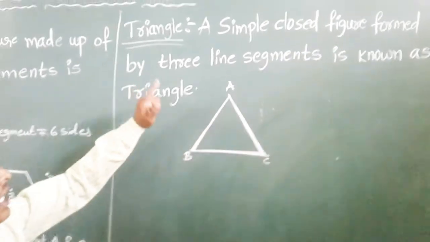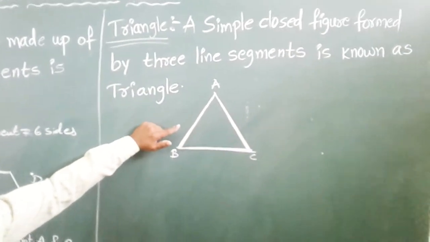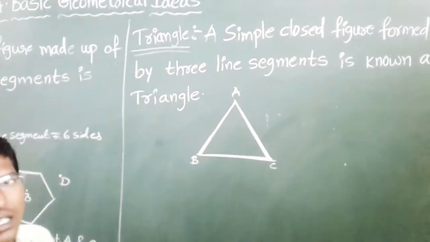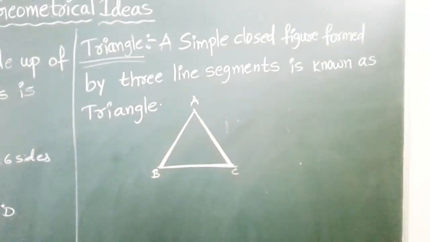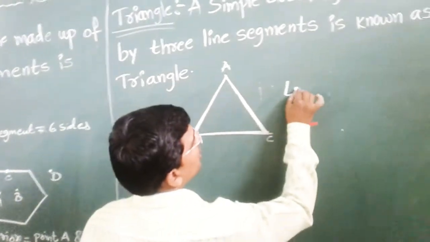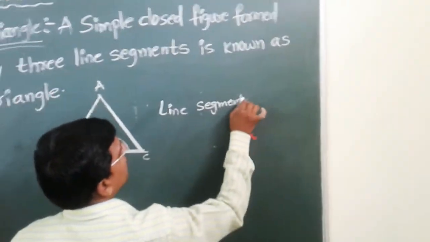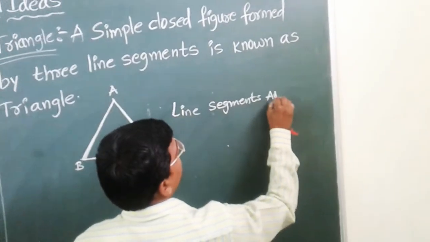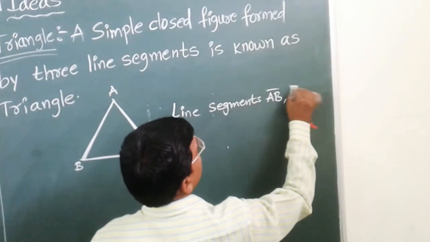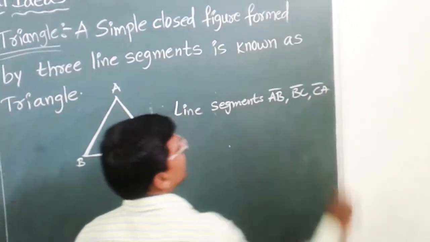Any simple closed figure formed by three line segments is known as a triangle. Here the line segments are represented by AB bar, BC bar, and CA bar.